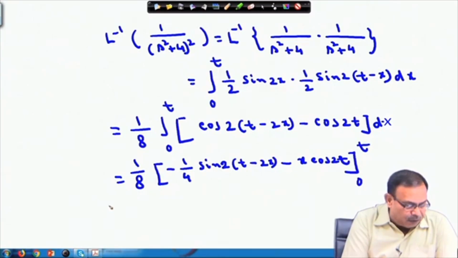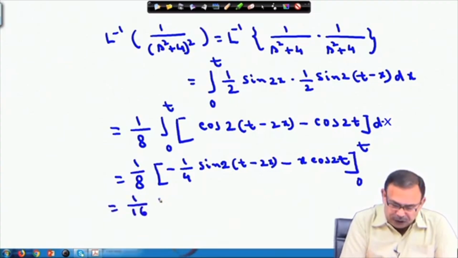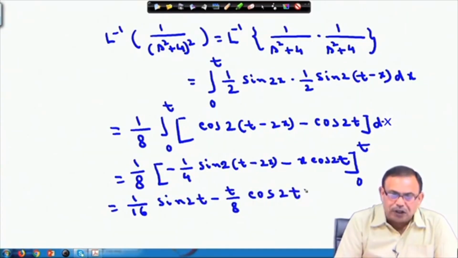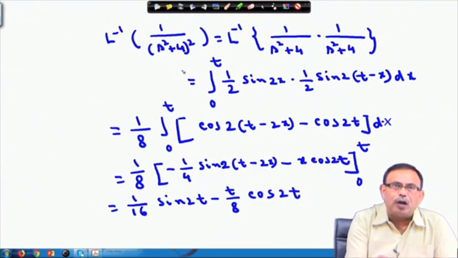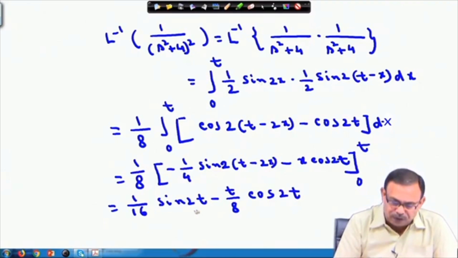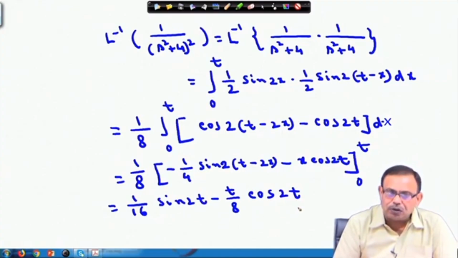If I evaluate the limit, I will obtain this equals 1 by 16 sin 2t minus t by 8 cos 2t. So, ultimately, Laplace inverse of 1 by s square plus 4 whole square, using the properties of convolution, I am evaluating it like this, and again it is a simple form, and I am getting the value as 1 by 16 sin 2t minus t by 8 into cos 2t.